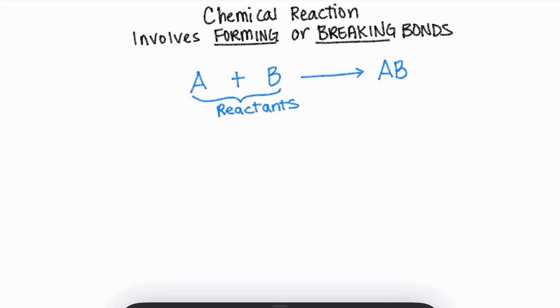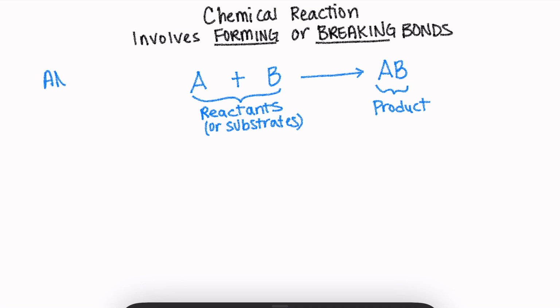Now, when there is an enzyme involved, that's something that will help to speed up the chemical reaction. We call that the substrates when an enzyme is involved, which in the human body, pretty much always enzymes are involved. And then what gets formed is going to be called the product. In our body, when you have a chemical reaction where something got built, we call it anabolic, where you have smaller molecules put together to build something bigger.